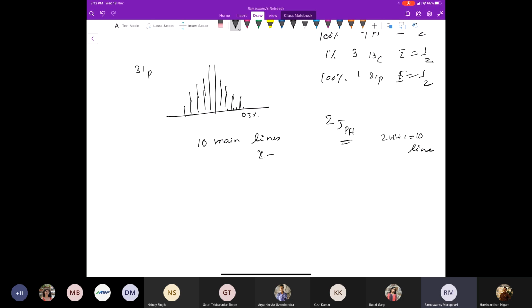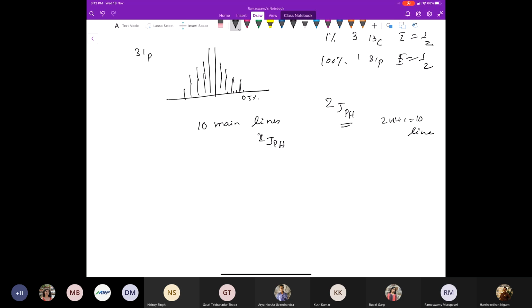So it's essentially 10 main lines because of 2J PH. And each of the lines is split by carbon, only 1%, giving 20 satellite lines due to 1J PC. Normally this 20 lines you will not see at all. It will be somewhere in between.